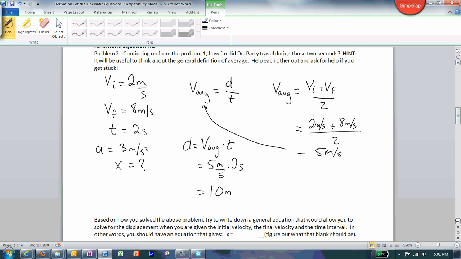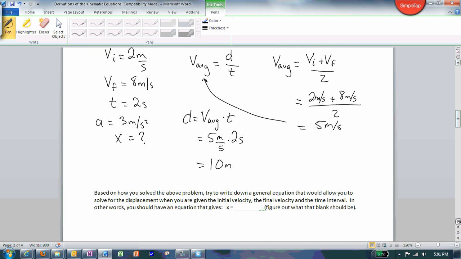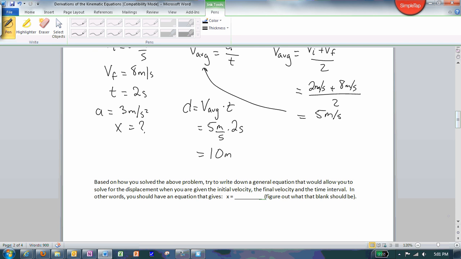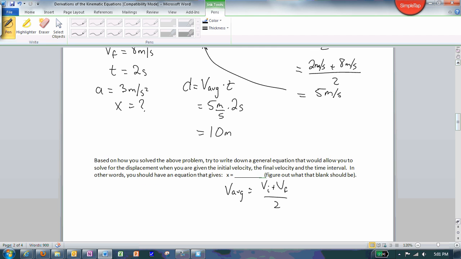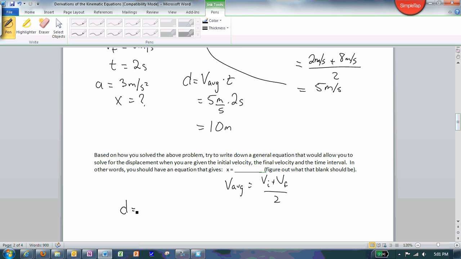So now we're asked to try to solve for a general equation for what the displacement is given the average velocity. And we can see that from our 2 equations here. We knew that the average velocity is the initial plus the final over 2, and we know that the displacement is equal to the average velocity times the time.